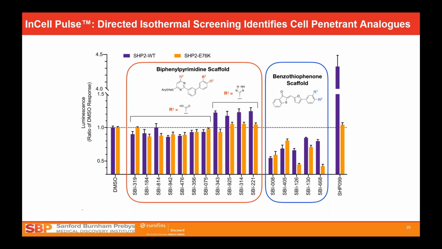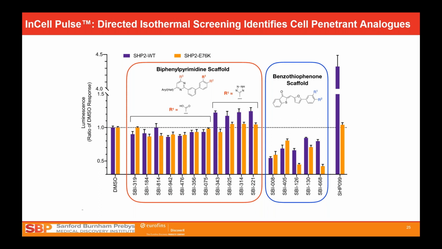So again, the two compounds I just told you about, let's look at the details here. So this biphenyl pyrimidine scaffold compound, we tested a number of analogs, and what we saw was kind of interesting. We had a certain series of compounds which had an acid at the R1 position, which you can see.